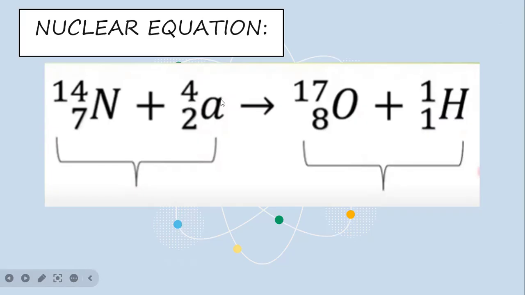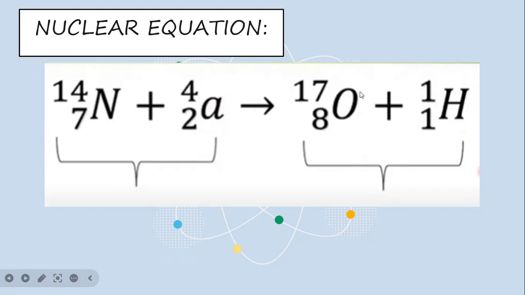Add them together, that's 14 plus 4. The product side must also contain 18 as the mass number in total. And for the protons at the bottom, or the atomic number, it must have 9 as the total as well to make it balanced.